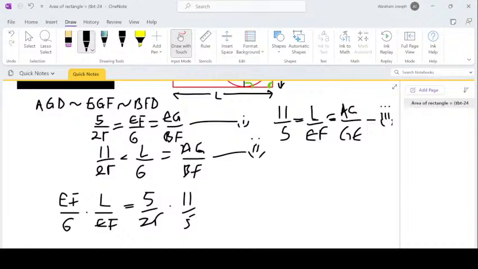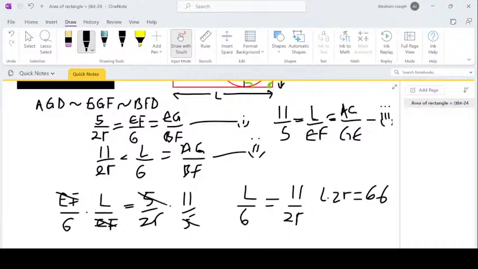So when you do that, EF will cancel EF, 5 will cancel 5. We now have L over 6 equal to 11 over 2R. That means 11 times 6 gives 2RL equals 66. We're done with the problem.